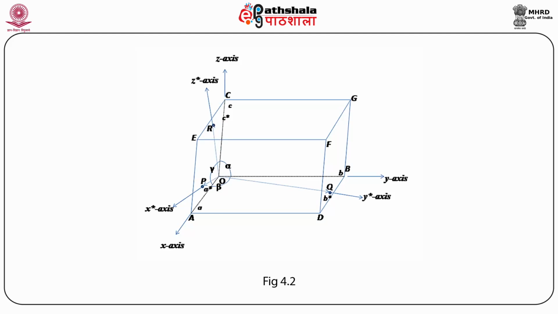It also shows you what we mean by the reciprocal lattice vectors A star, B star and C star, which you have recently seen.